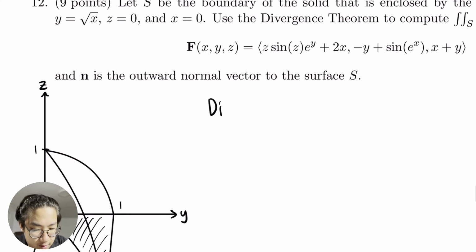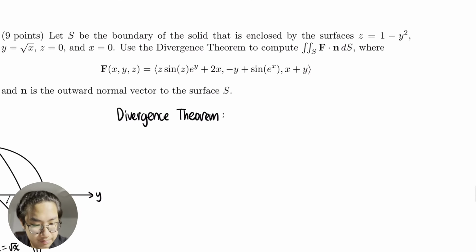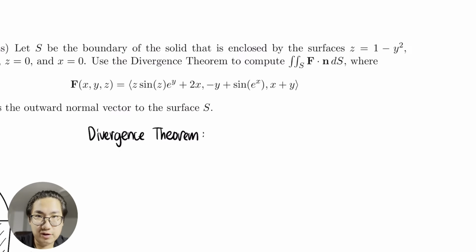So the divergence theorem simply relates the surface integral, this right over here, to a triple integral over a solid that the surface encompasses or surrounds.